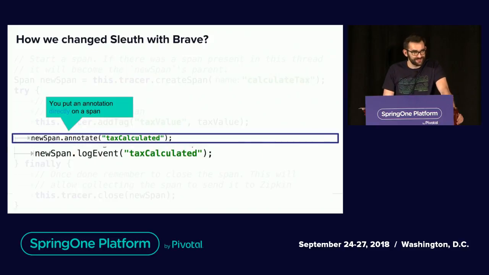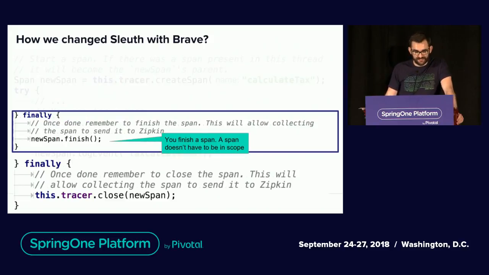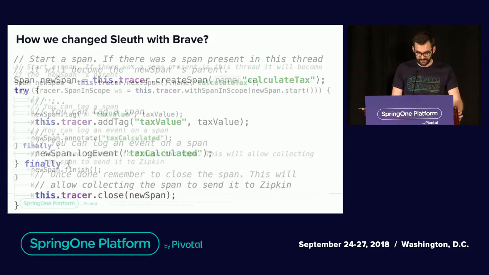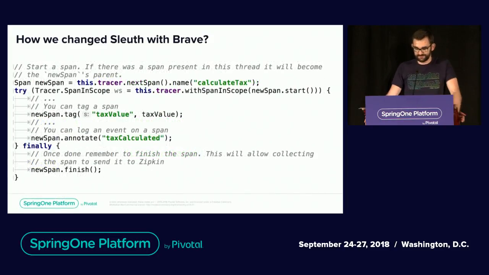There was log event, now it's annotate. And we finish the span to send it to Zipkin, whereas we used to close the span explicitly via the tracer. So now it looks like this. It's almost the same, but from the library perspective, it was quite a big work, and it gave us a lot of opportunities.